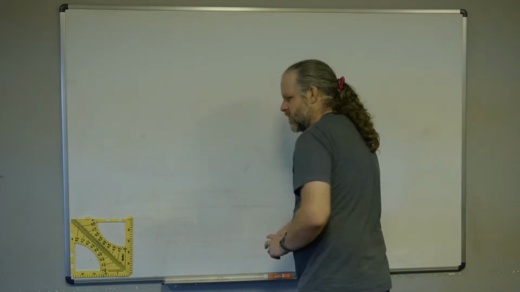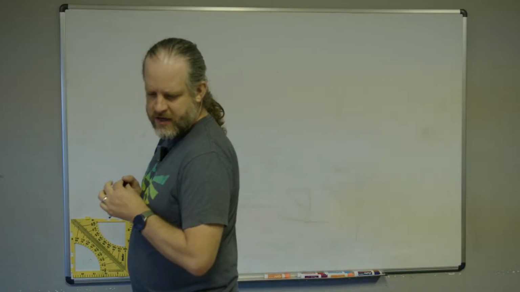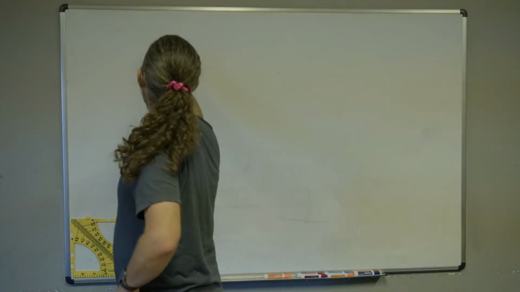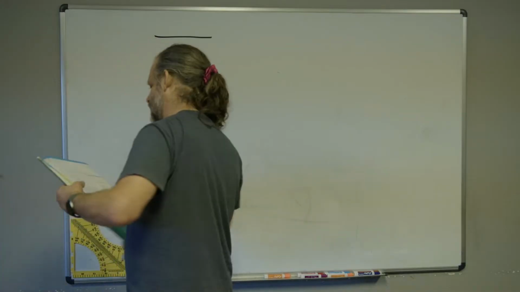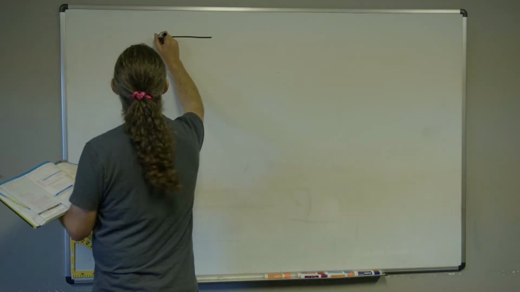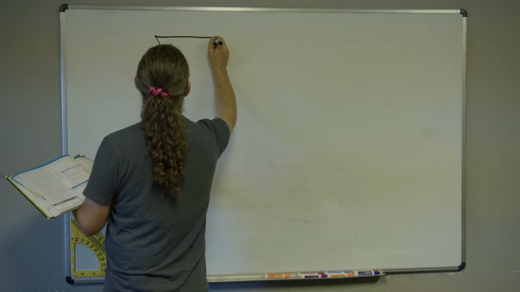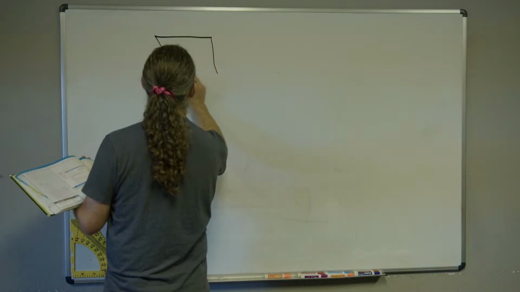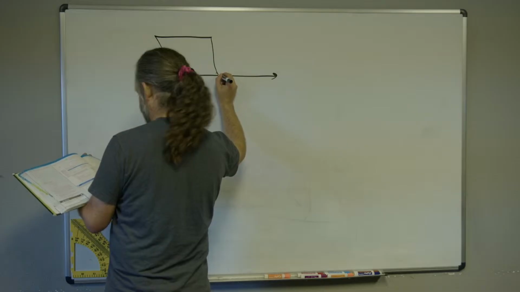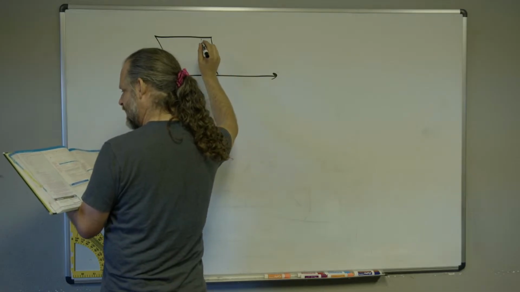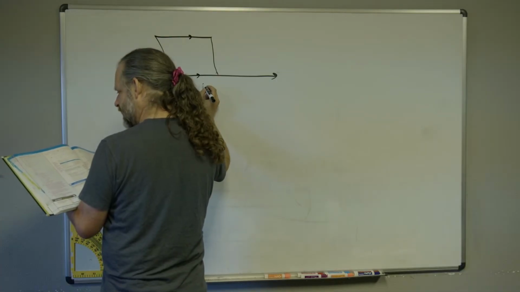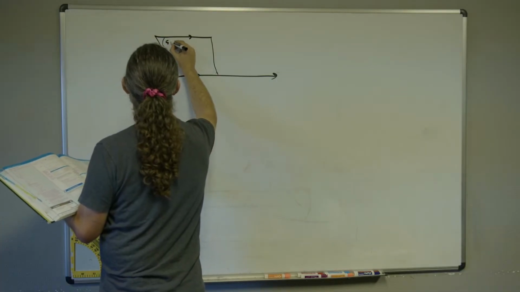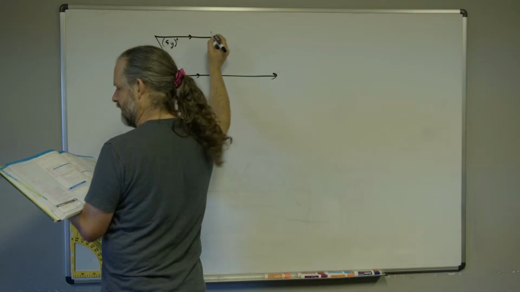All right, 28 has got a picture that looks more or less like this. And it has labeled that this and this are parallel. This one is 5y degrees.